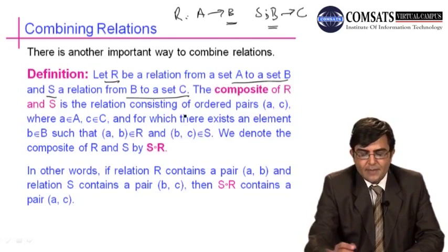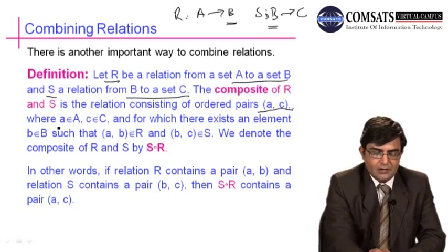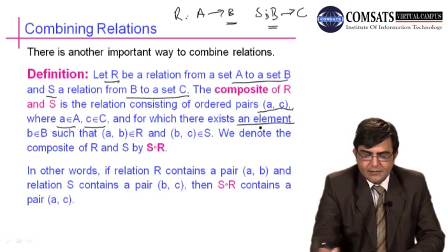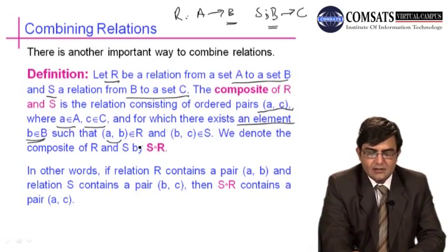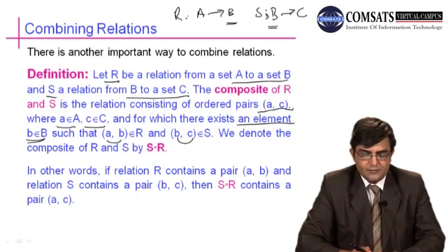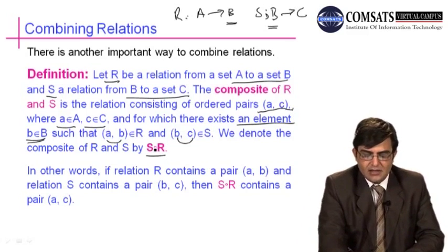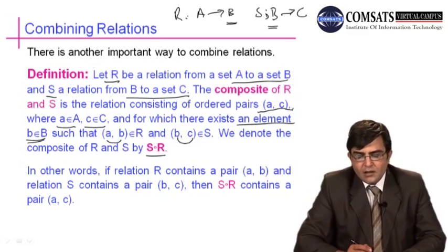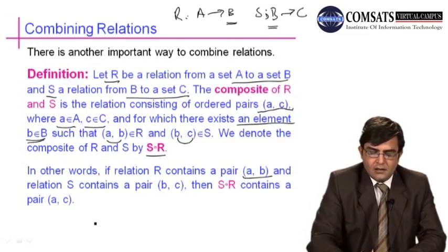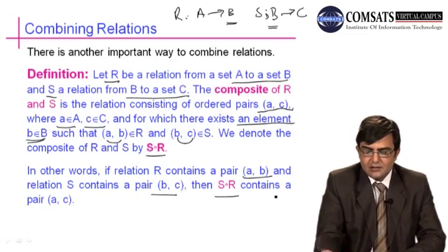The composition of R and S contains the ordered pairs (a, c) where a belongs to A and c belongs to C, for which there must exist an element b such that (a, b) is in R and (b, c) must be in S. We denote the composition of the relations R and S by S, with a small circle, R, and we read it as the composition of S and R, or S composition R. In other words, if relation R contains a pair (a, b) and relation S contains a pair (b, c), then S∘R contains the pair (a, c).